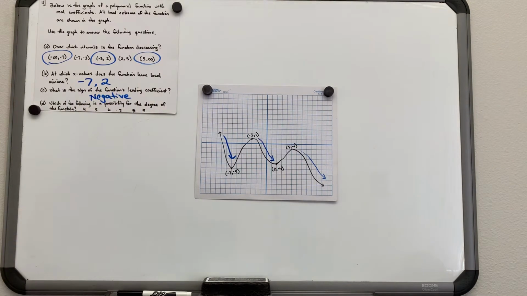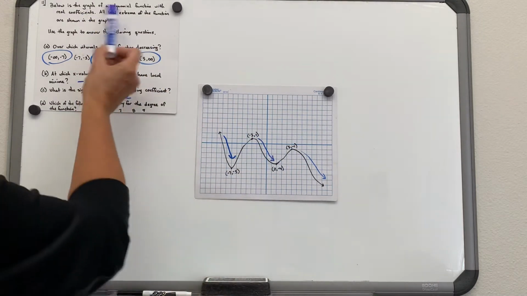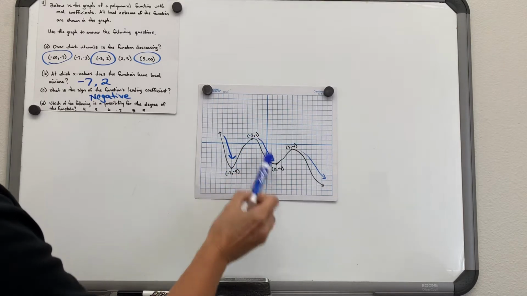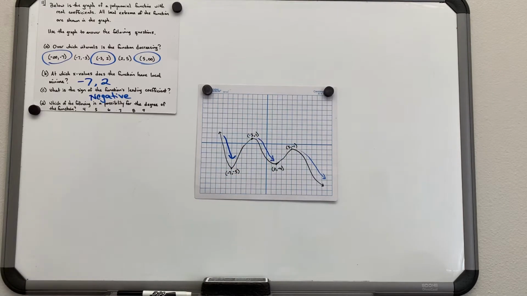And then finally, which of the following is a possibility for the degree of the function? So the way that we do this is we count up the number of extrema, and up here they said all of the extrema are shown on the picture. So I have 1, 2, 3, 4. If I have 4 extrema, then the smallest degree my function could be would be 1 more than 4, which in this case is 5.